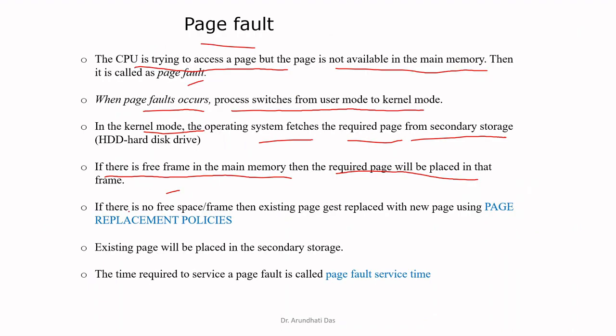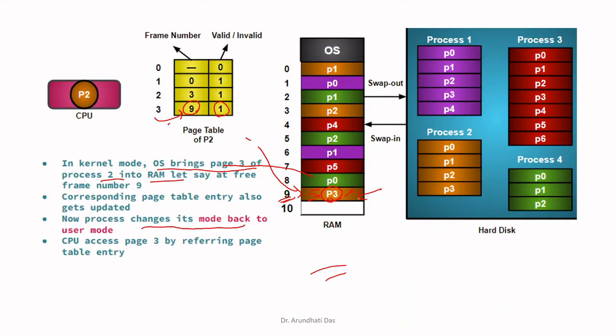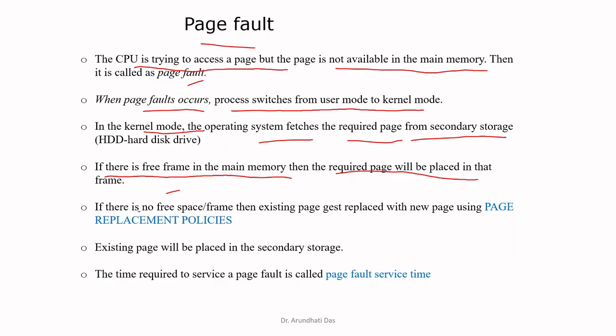But we are not always lucky. My RAM is not always free like this, because, as I told you, thousands of processes are happening in the background all the time. So if there is no free space or frame, then an existing page gets replaced with the new page using a page replacement policy.